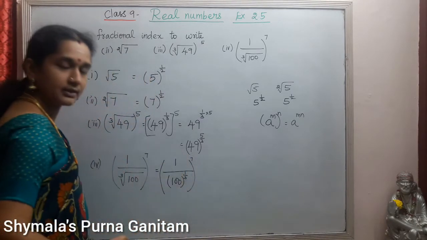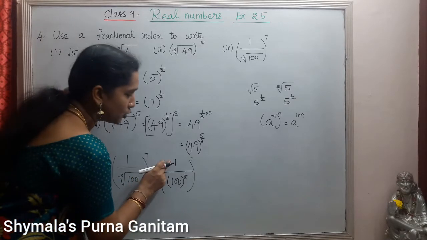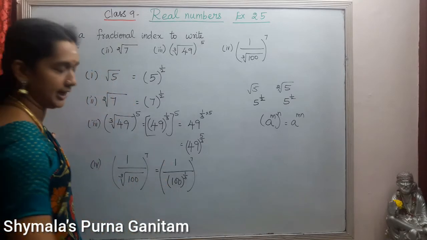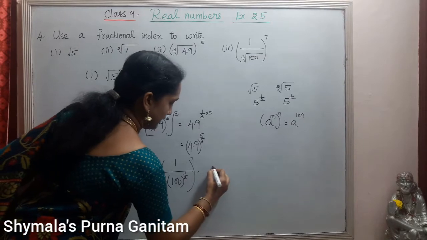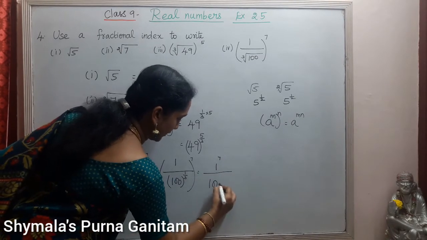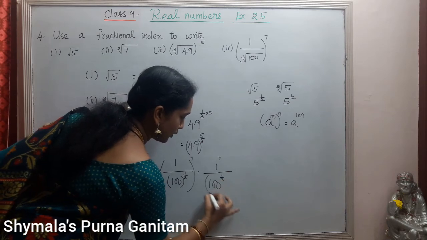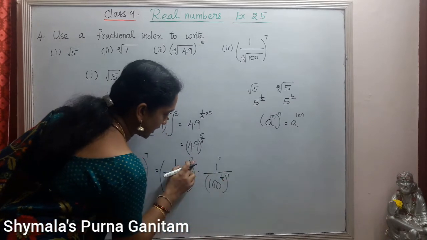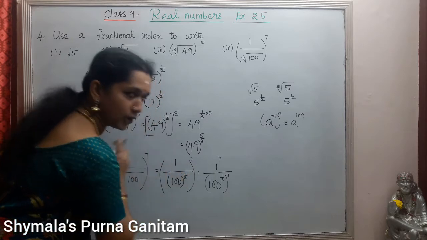So this power 7 is for both the numerator and the denominator: 1 power 7 divided by 100 power 1 by 3 whole power 7.